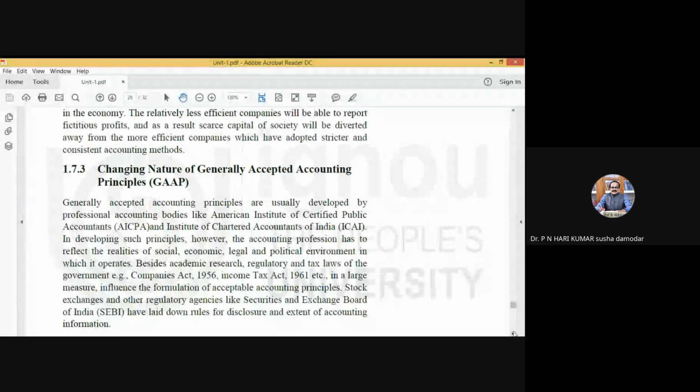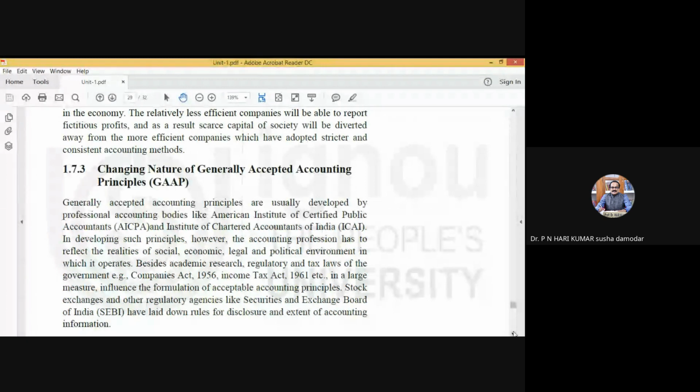So these two bodies have clearly given certain principles, methods, conventions and theories for the preparation of the books of accounts. Such theories, principles, concepts and conventions are recognized by academic research, regulatory and tax laws of the government, the Companies Act 1956, the Income Tax Act 1961, and such principles are also accepted by SEBI, the Securities and Exchange Board of India.